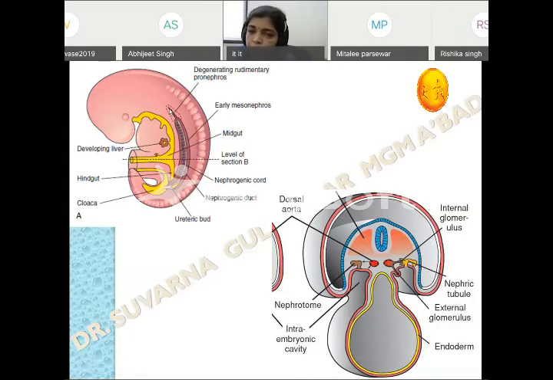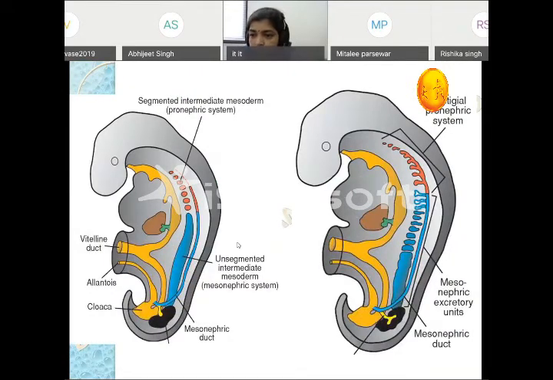This pronephros is basically functioning in cyclostomes and teleost fishes. Immediately it degenerates. While it degenerates, the mesonephros appears, the blue color part. Sorry, this is a mesonephros. As this pronephros degenerated, mesonephros appears, and they are in the form of two parts.